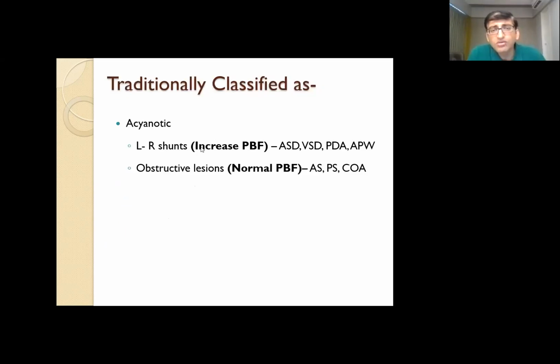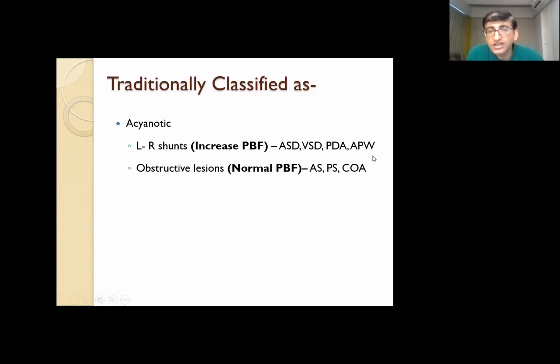So now we have acyanotic heart disease. We are going to discuss the acyanotic heart disease. So what are the further classifications of acyanotic heart disease? You have come to a kid who is suspected of having heart disease. You do pulse oximetry. The saturation is 100%. Now what?